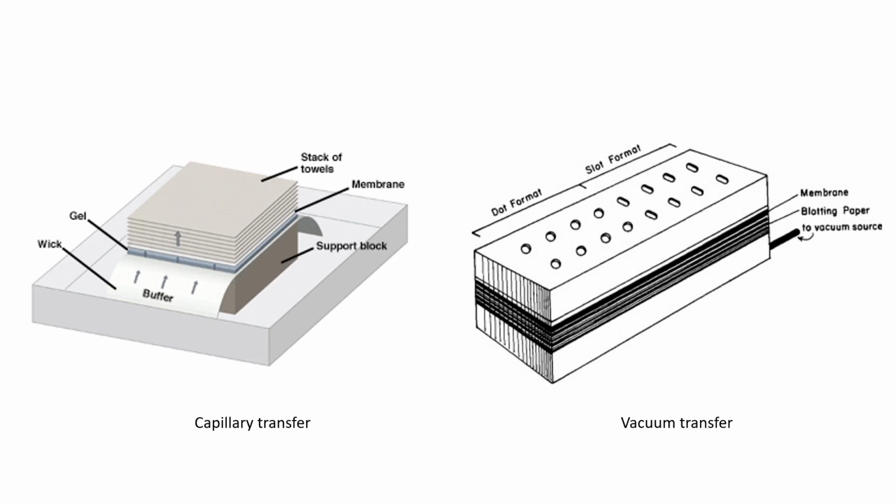So the whole process is now sped up basically. So basically we are using vacuum to pull the buffer, and along with the buffer the DNA will move from the gel to the membrane. So that will make the whole process faster.